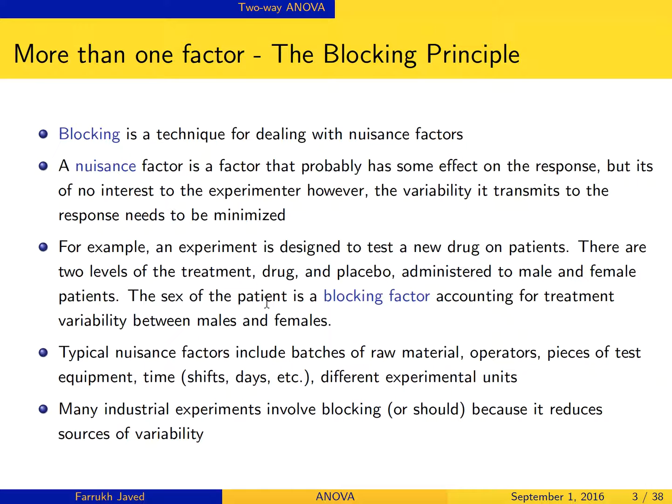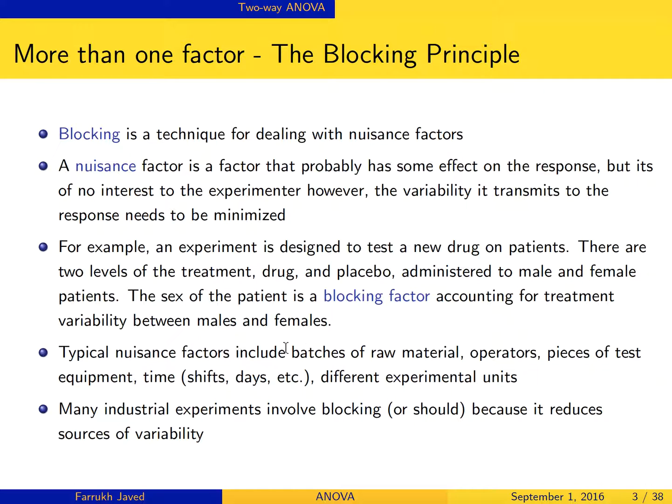So the sex of the patient is a blocking factor, accounting for treatment variability between males and females, because I'm not interested in knowing what type of drugs were implemented, or how females or males are behaving with respect to drugs. I wanted to know how patients in general are behaving with respect to drugs. So I blocked the gender factor, the male and female sex factor, right?